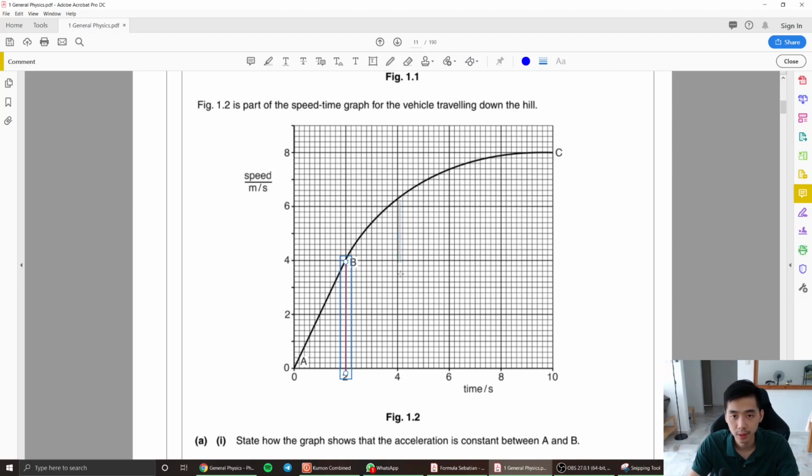The second section being here to here. The third section being here to here. The final section being here to here as well. You're supposed to shape it into approximate shapes that you know, which is going to be a trapezium.